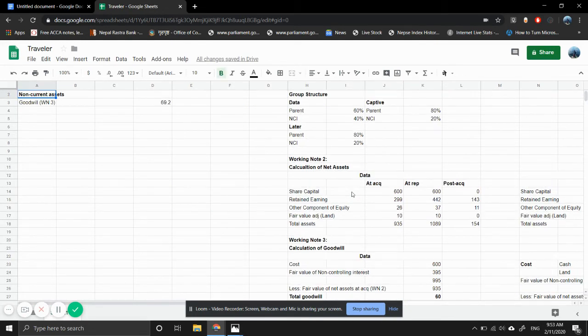Once that's done, what we need next is PPE, property, plant and equipment.